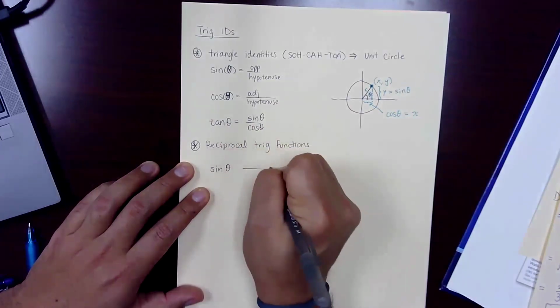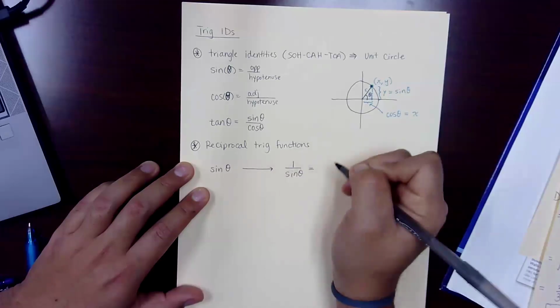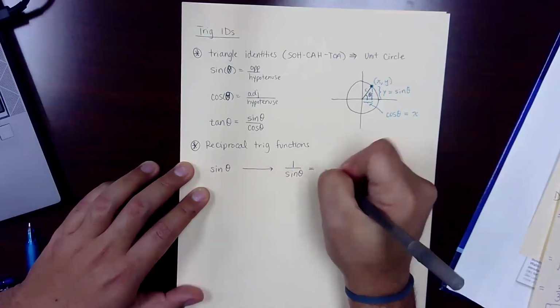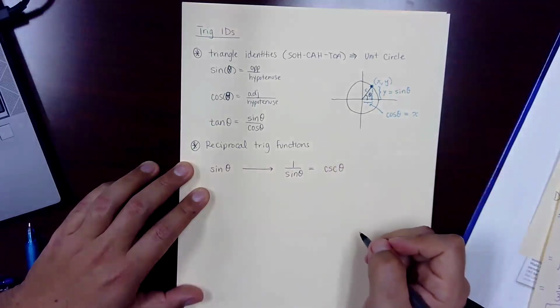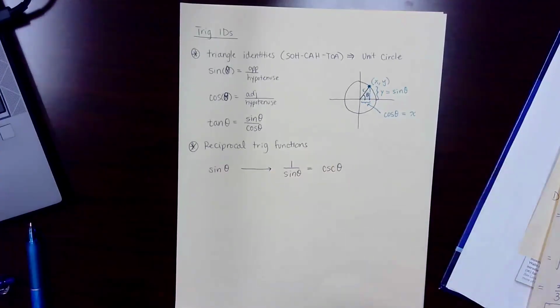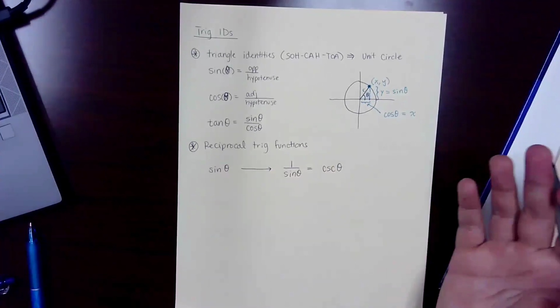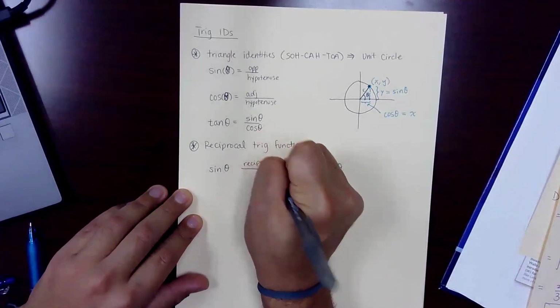If we turn sine theta into 1 over sine theta, then we're going to get, what do we call that? Cosecant? Cosecant theta. You would love for that to be secant, because sine and secant sort of sound the same, but it's actually cosecant. So when we take the reciprocal, we'll get that.